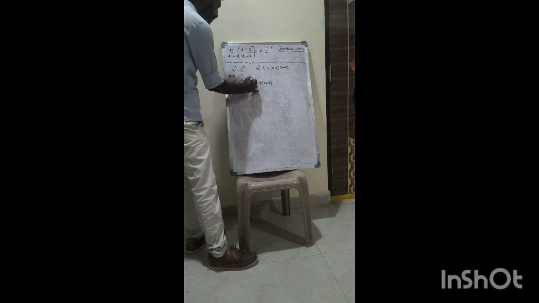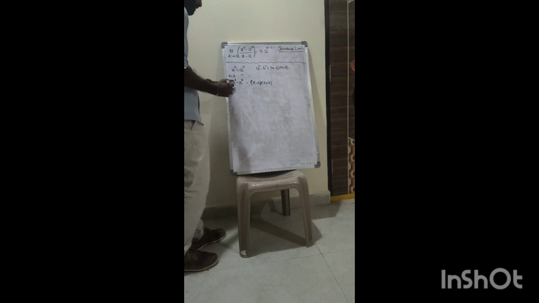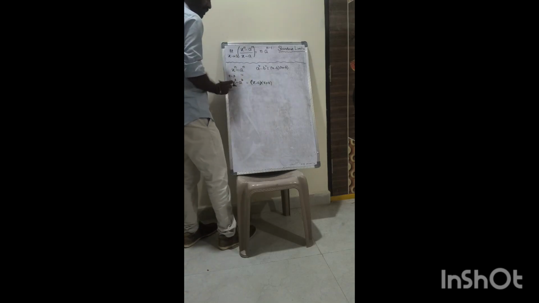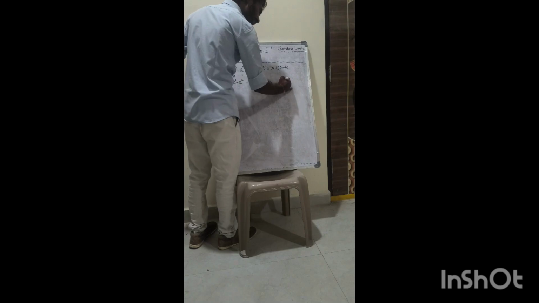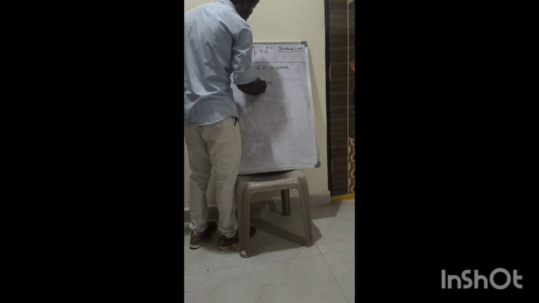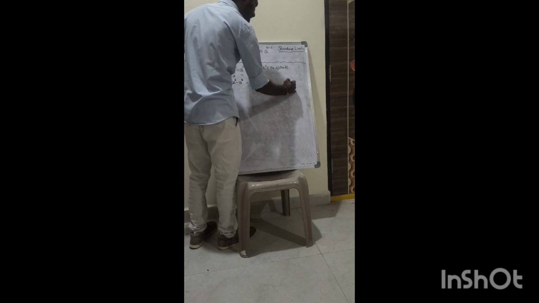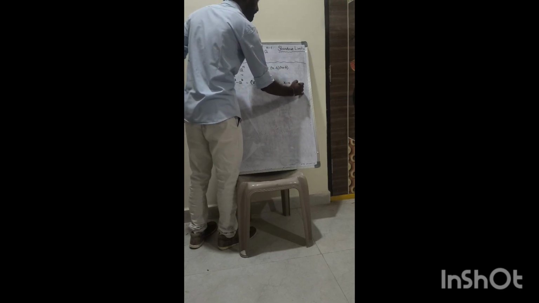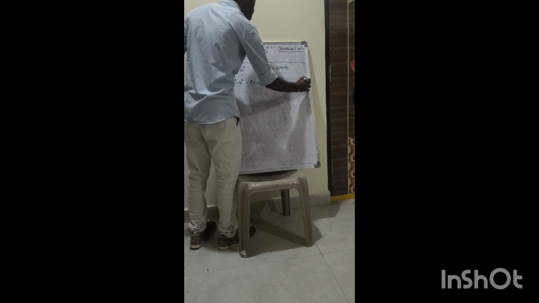Okay, so we are going to use this x minus a. So x minus a is a factor of x power 2 minus a power 2.